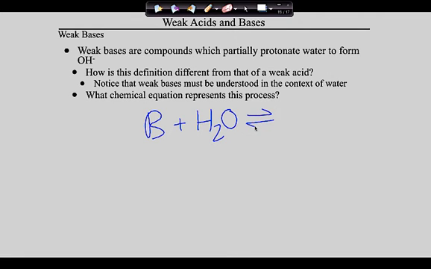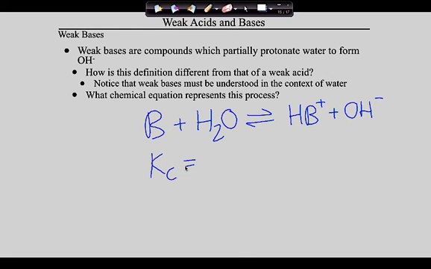What are we going to get? What's the base going to do to the water? It's going to take in a hydrogen. Let me write this the same way they do. So when it takes in a hydrogen, we're going to end up with HB plus. And then what happens to the water? It becomes OH minus.